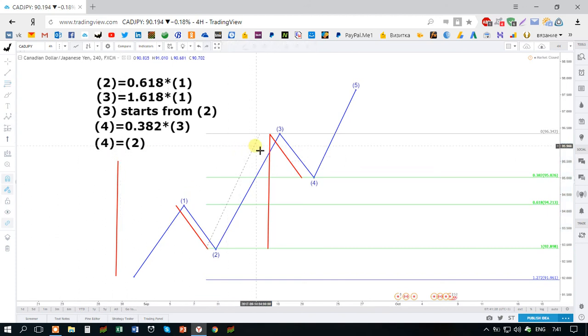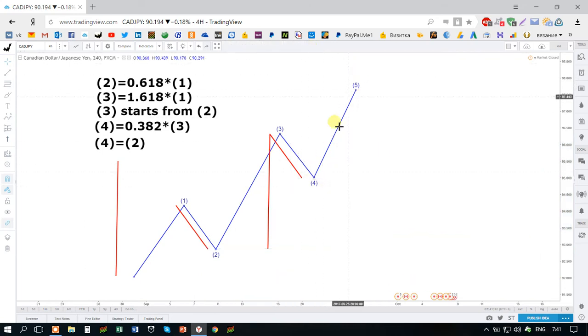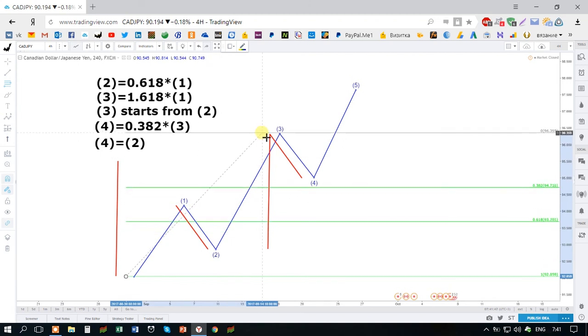Okay, so now is the last measurement, of wave 5. Wave 5 is calculated as 0.618 of the course from 0 to 3. Let's do it. I will show you the initial measurements.